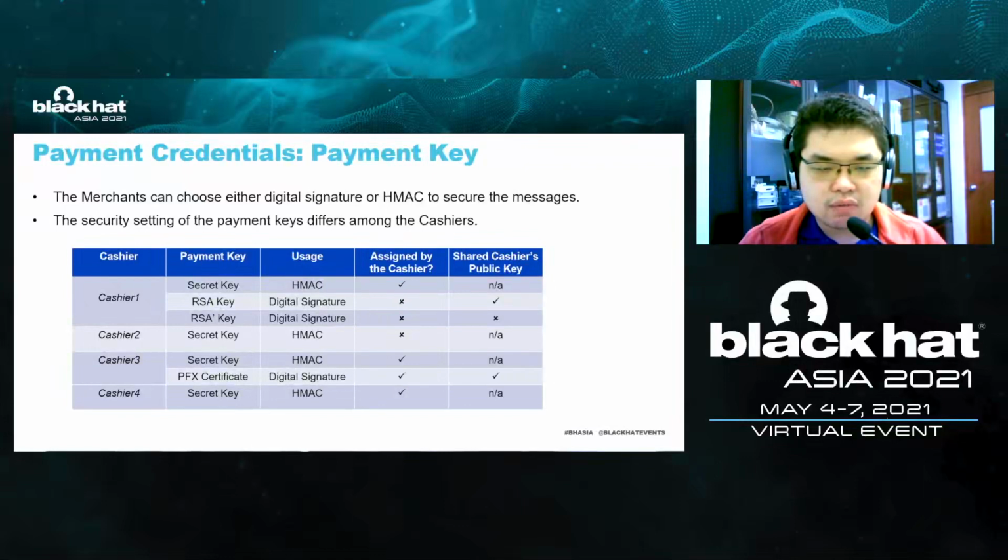In the case of digital signatures, both the merchant and the cashier need to maintain a pair of asymmetric keys and share their public keys to validate the incoming messages. However, the public key of the cashier tends to be global across the merchant apps. These security settings can cause some security issues, and I will talk about the corresponding drawback later.